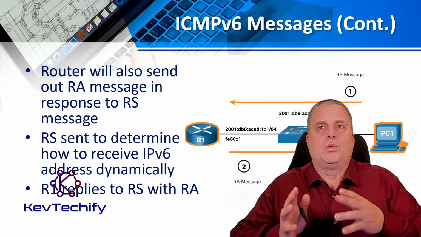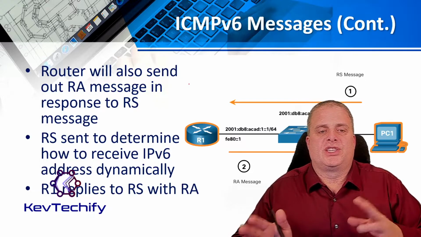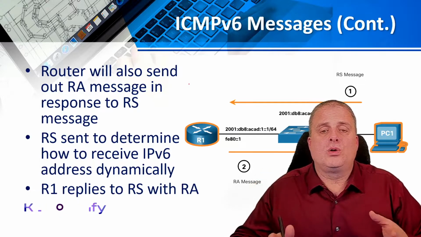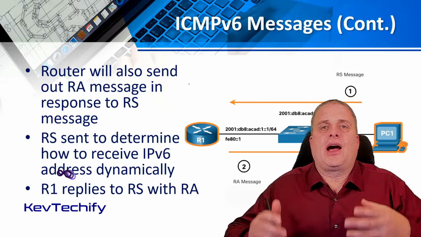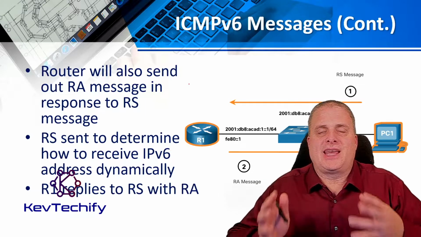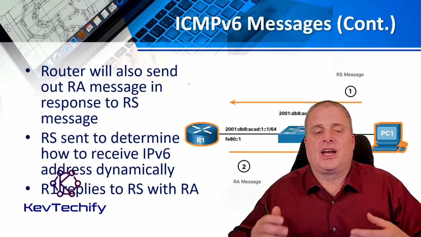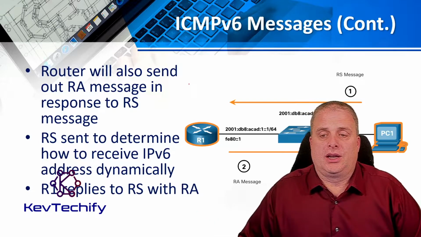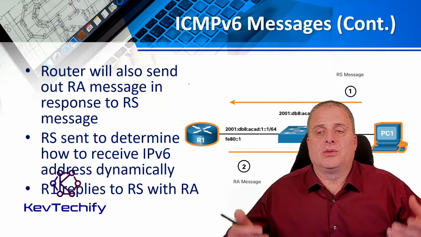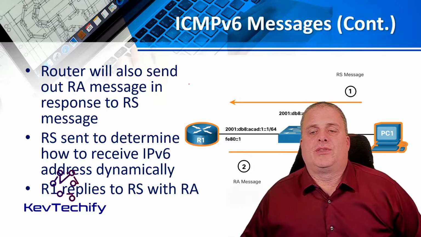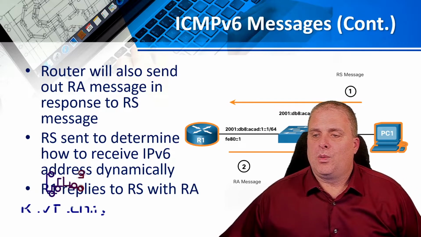The reason the router solicitation message was sent out is there was a host on the network that needed to figure out, how do I get my IP version 6 address dynamically? And that router advertisement will have that information in it. R1 replies to the router solicitation with a router advertisement. Here in the diagram, we have PC1.